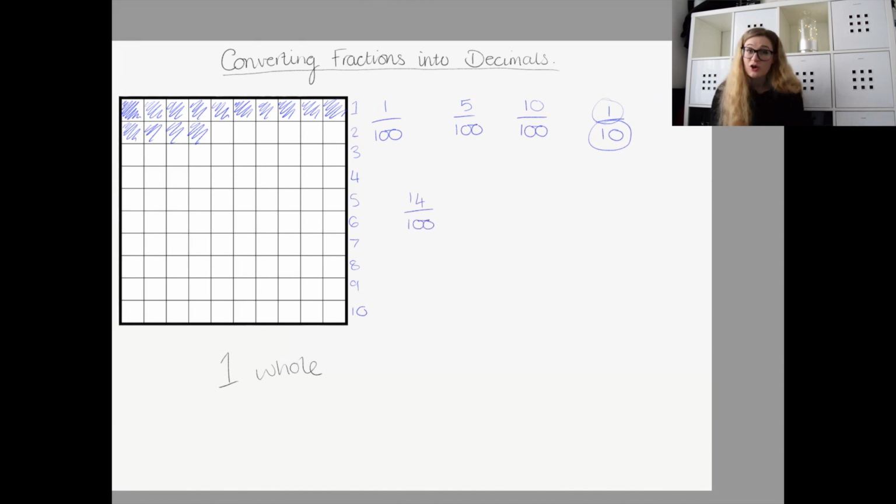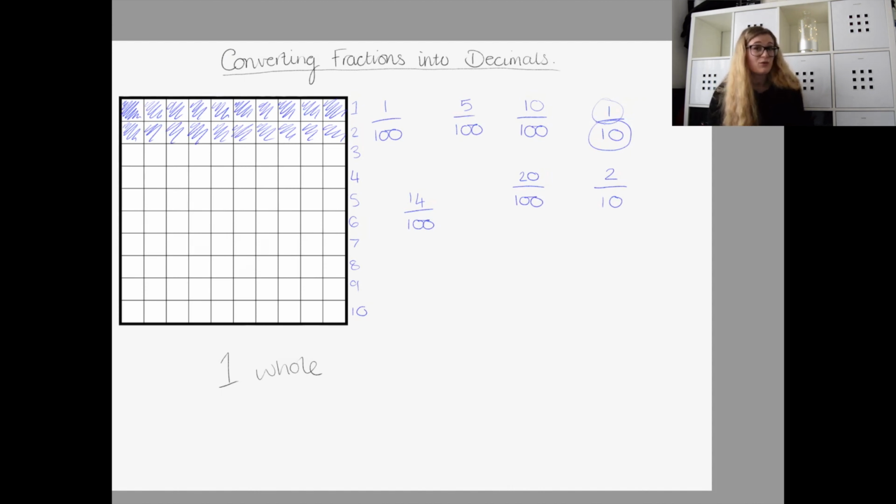I don't have another whole row, but if I coloured in that whole row again, all the way to the end, I've got 2 whole rows coloured in. So I can say I've got 2 out of my 10 rows coloured in. With my hundredths, I would have 20 of my 100 squares coloured in.